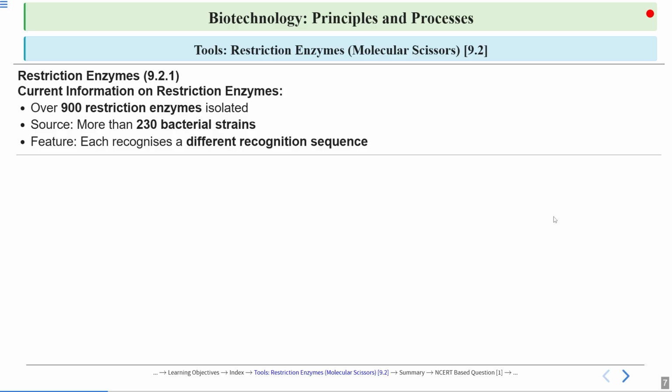This is very specific about restriction enzymes: every restriction enzyme can recognize its particular sequence. It's not like 3 restriction enzymes can recognize a single recognition sequence. No, everyone has their own unique recognition sequence.